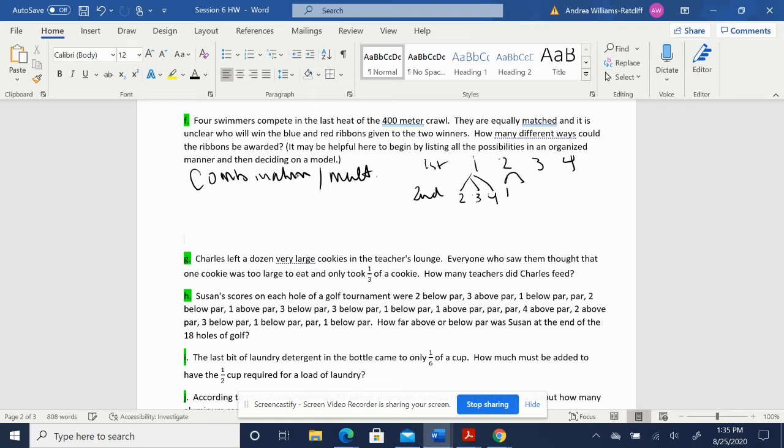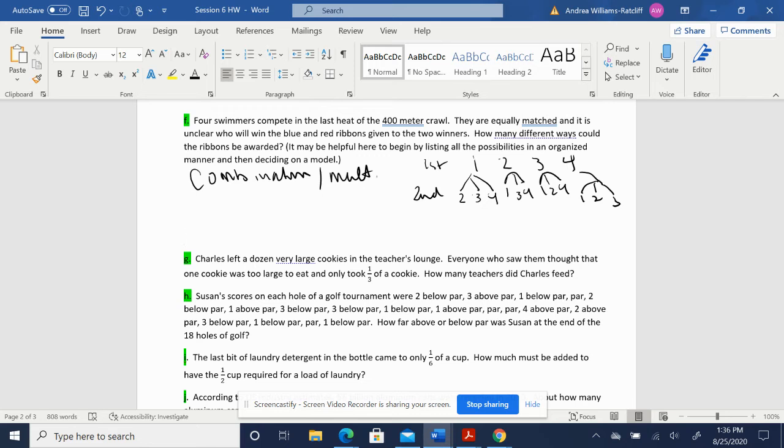Here we would have an option of 1, 3, or 4 for second, 1, 2, or 4 for second, and 1, 2, or 3 for second. Okay, why did we have to adjust? Because if swimmer 1 got first place, he or she also can't get second.